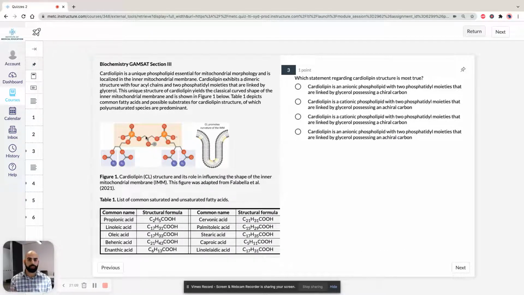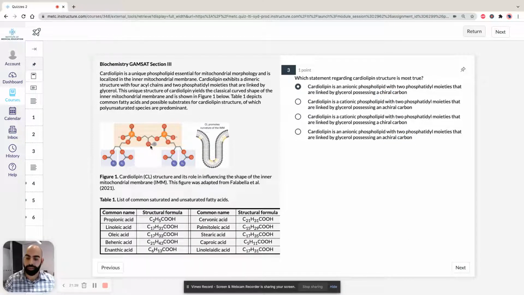A phosphate, obviously in water, deprotonates and is negative, so it's anionic. An anion is negatively charged, a cation is positive, and it's a giveaway here. You can see in the structure there's a negative charge. So straight away you know the answer is going to be either A or D. It's not going to be B or C because it says here it's cationic. That's wrong. So you're left with whether or not the structure is going to be chiral or achiral.